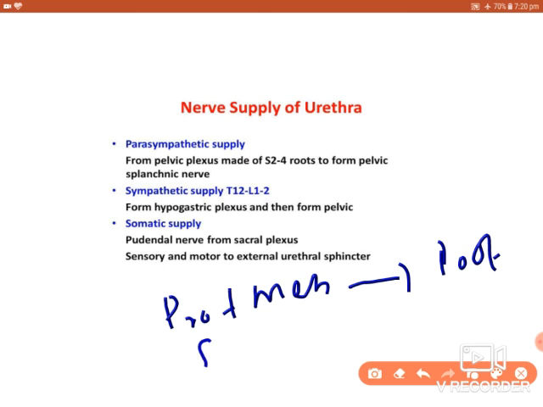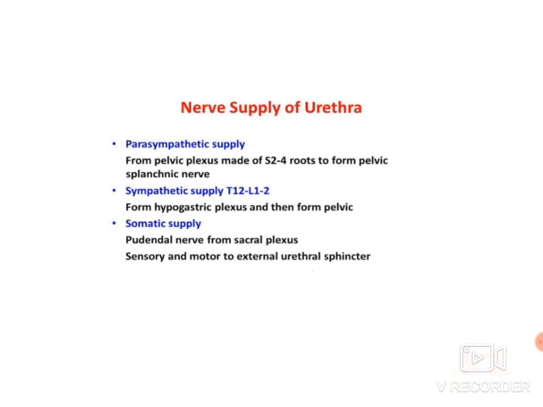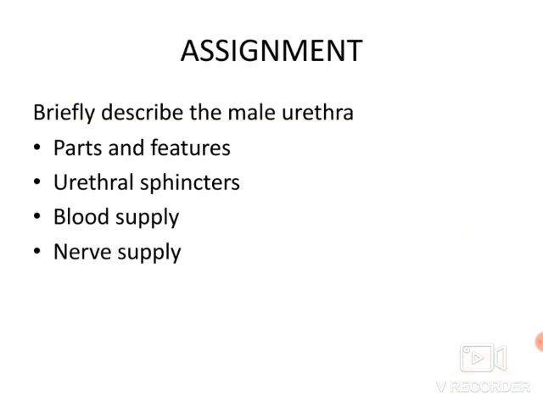The spongy part forms the anterior part of the urethra. The posterior part drains to the internal iliac and external iliac lymph nodes. The anterior part drains to the superficial and deep inguinal lymph nodes. Okay. That's all about the features of the urethra.